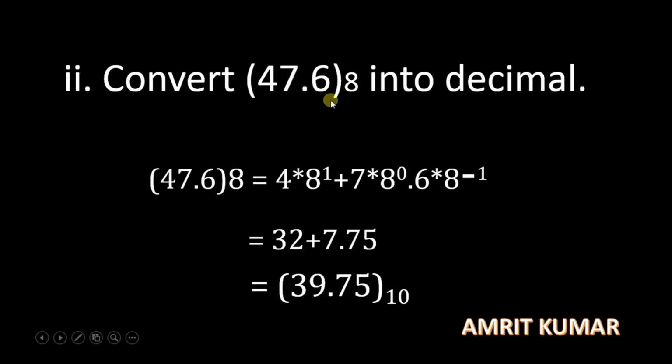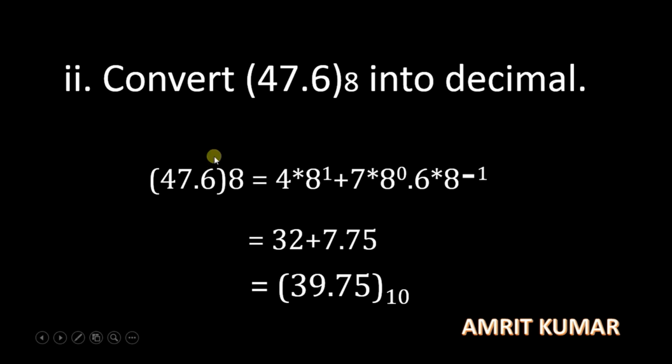How will we proceed? You can see that this is a decimal point. We have to do two things: calculate the number to the left of this point, and the number to the right of it.